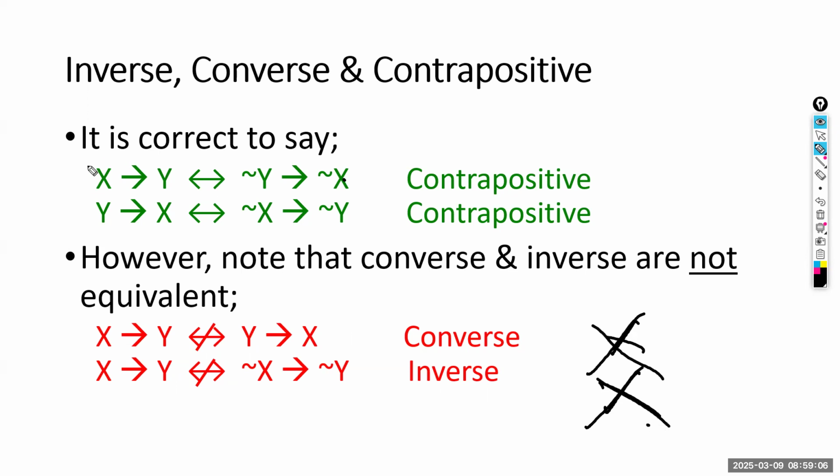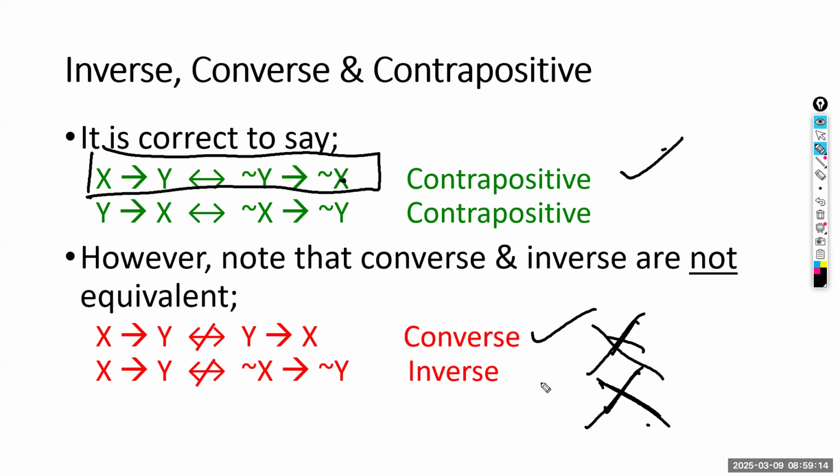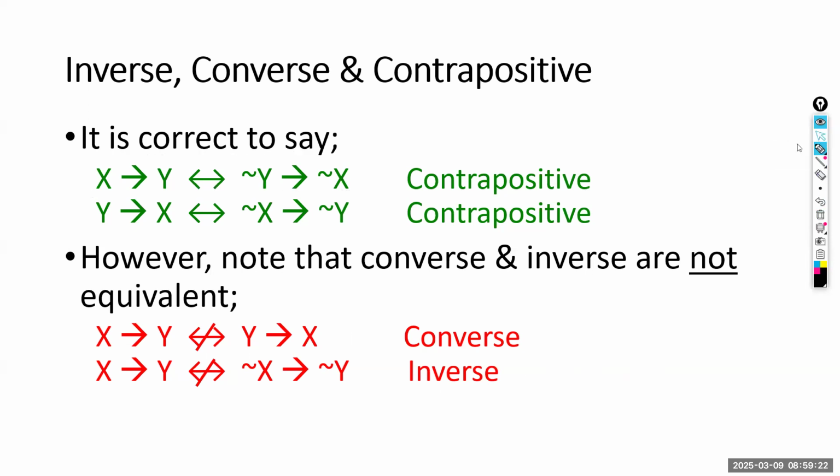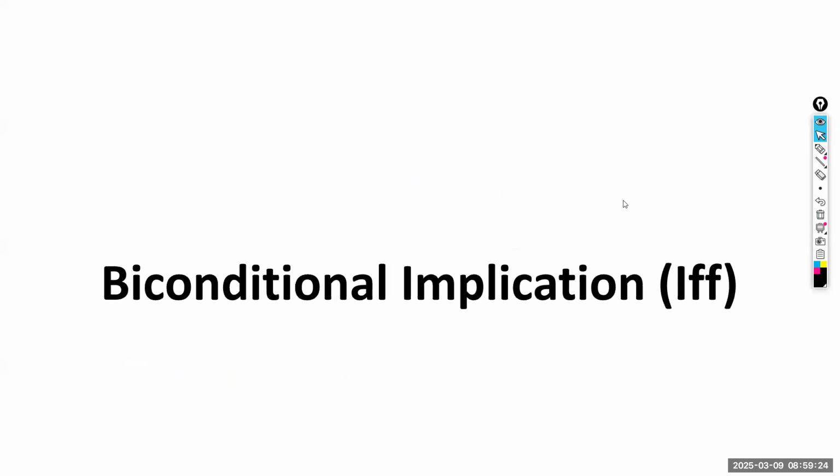But the only thing is, when x implies y, if not y, that means not x. So contrapositive is correct, but converse and inverse are not going to work for conditional implication. Okay. Any question? Because now we move on to the biconditional implication.